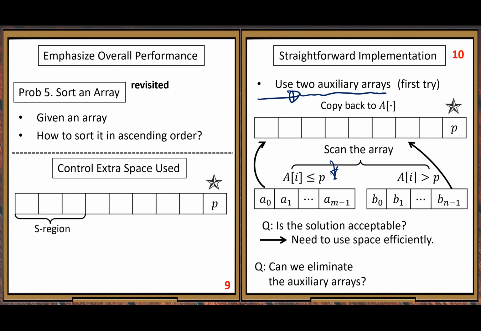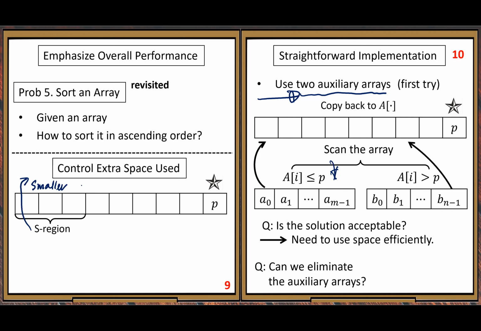So here, in order to organize different parts of the locations, I create several regions in the original array with different names. The first one I called S region. Why S region? Because S here means smaller than P, smaller or equal.